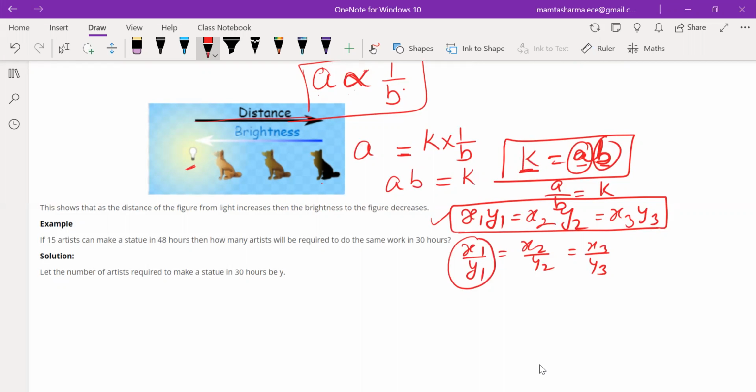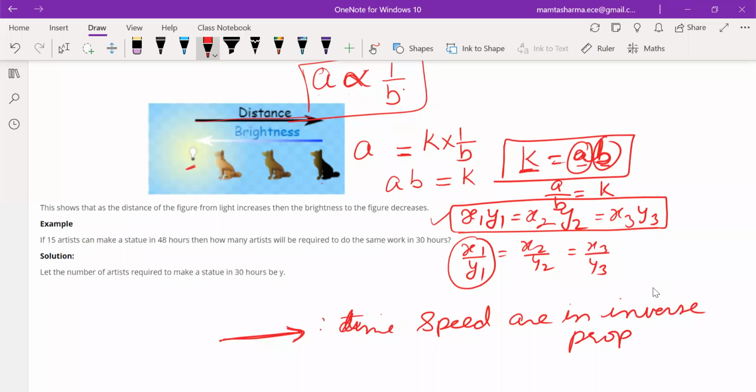Or if you drive a car at high speed, the time taken to reach the destination will reduce. So time and speed are in inverse proportion.